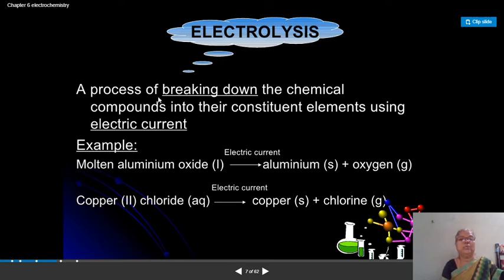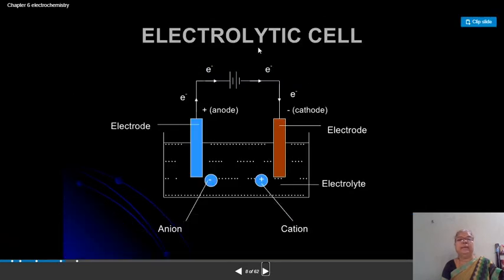Electrolysis is a process of breaking down chemical compounds into their constituent elements using electric current. For example, if we have molten aluminum oxide, with the help of electric current, we get aluminum and oxygen gas. Another example, copper chloride, with the help of electric current, we get copper and chlorine gas. That is electrolysis.